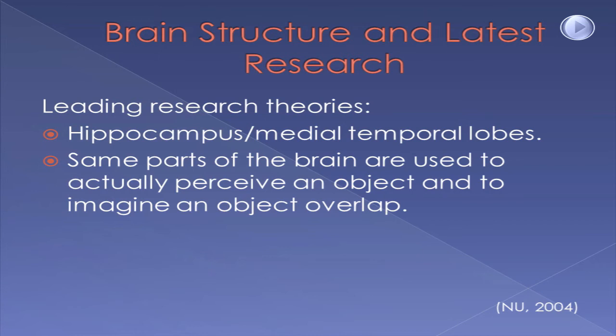Northwestern University has also done research suggesting that the parts of the brain that actually perceive an object and the parts of the brain that imagine an object overlap, meaning that we're using the same parts of our brain to perceive an object that we use to create a memory. So perhaps there's a crossing of wires there that may trigger a false memory.